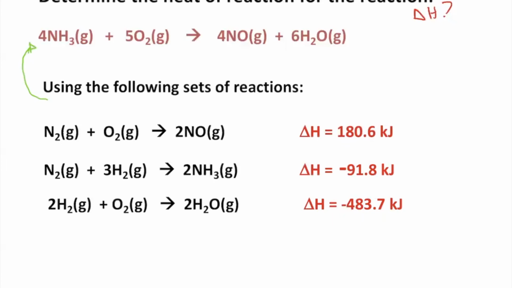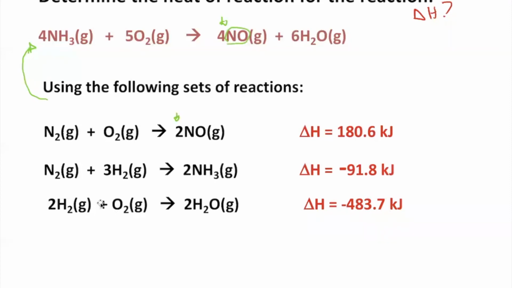Let's start by looking at NO. You want it on your product. Where is it in your series of steps? You're going to see that it is in step number 1, but we only have 2 and we want 4.